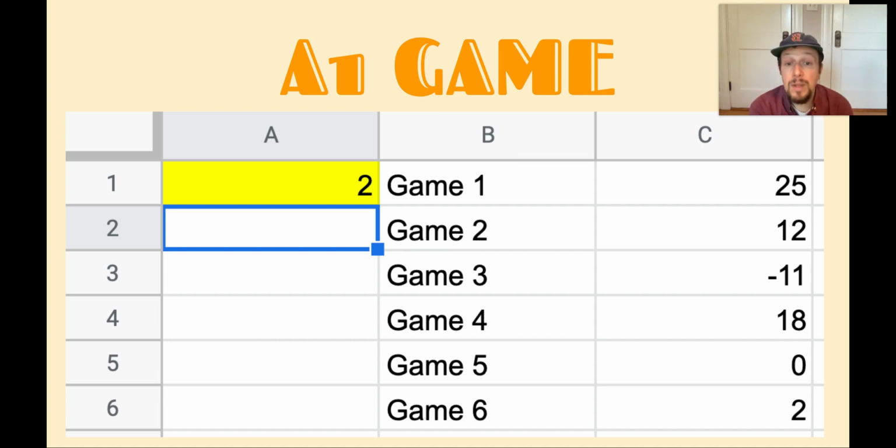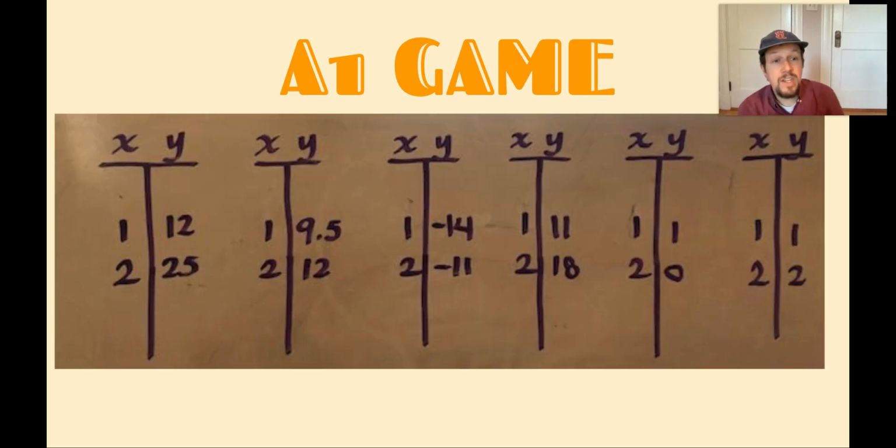In the third game, when X is 2, Y is negative 11. In the fourth game, when X is 2, Y is 18. In the fifth game, when X is 2, Y is 0. And in the sixth game, when X is 2, Y is 2. So now your t-chart should look like this, and feel free to pause the video if you need to record these.